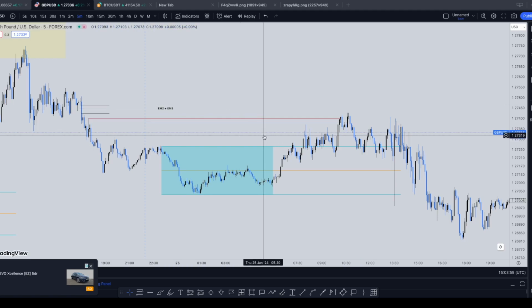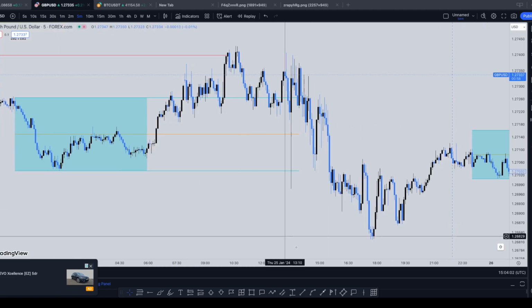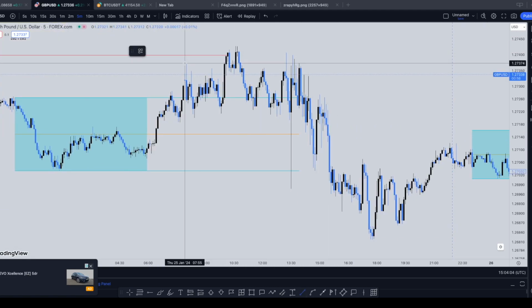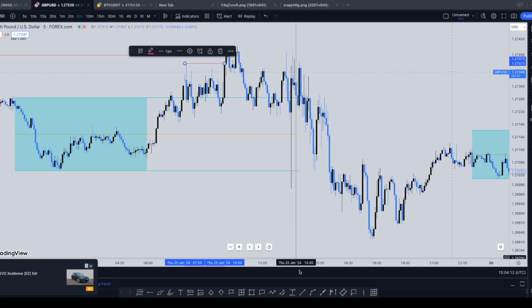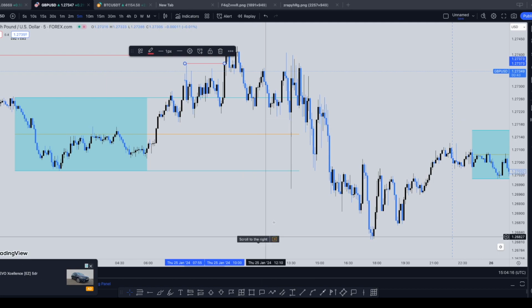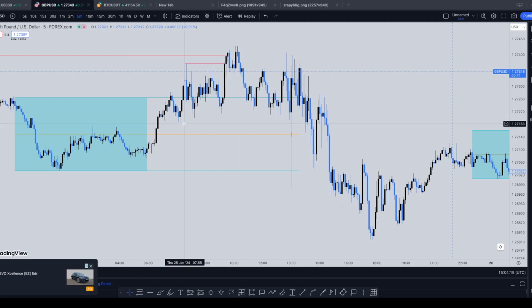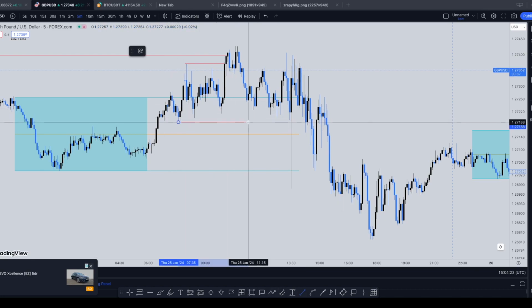So we've hunted this, and now what we can see here in entry model 2 is that price hunted buy side. Okay, so this is the higher fractal. Okay, so the high time frame fractal, and price then took out the lows.